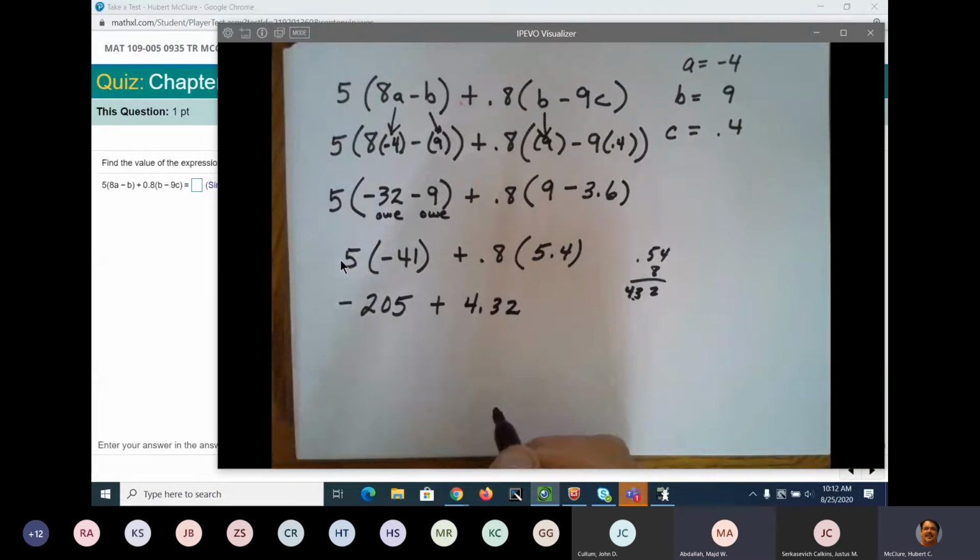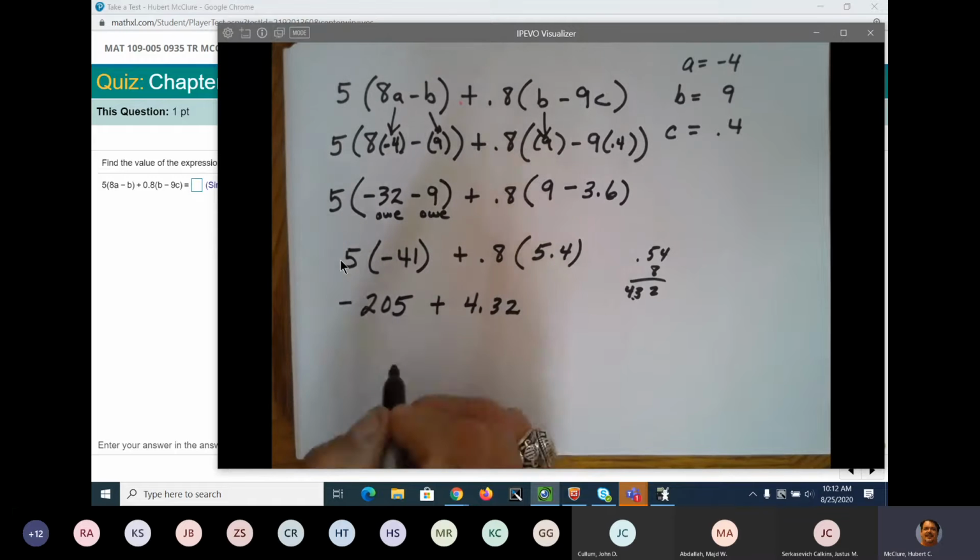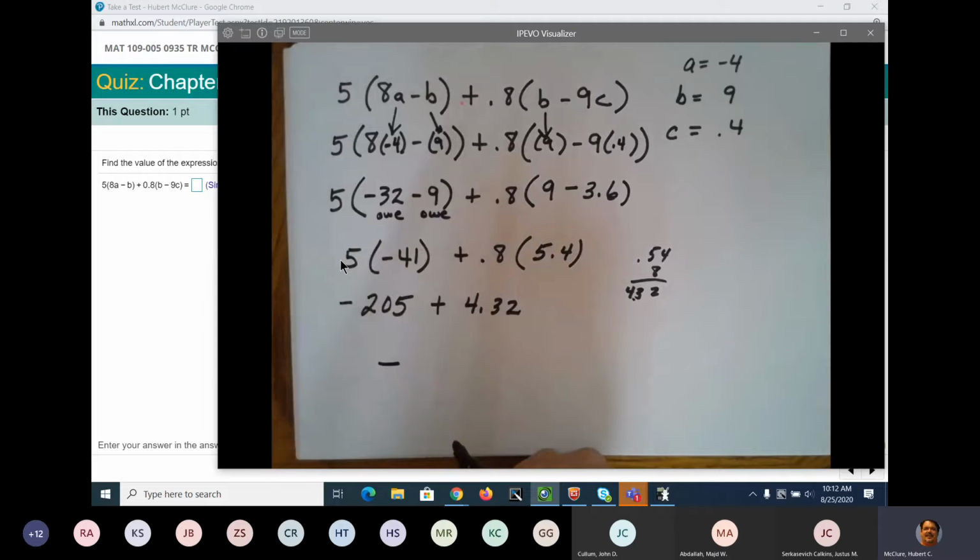Yeah, that's right. And of course, if you owe $205 and you have $4, it's about like my bank account, then you know you're going to owe money. And you're going to owe $201.68.